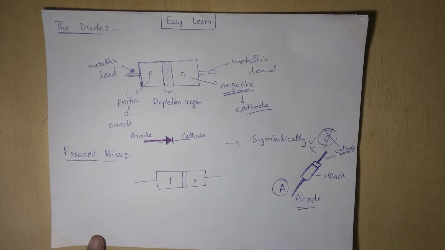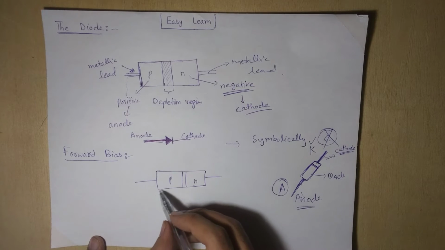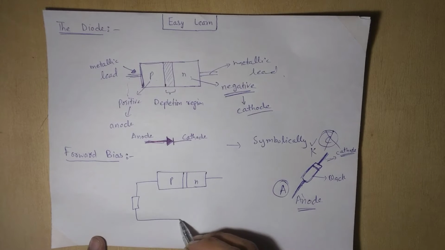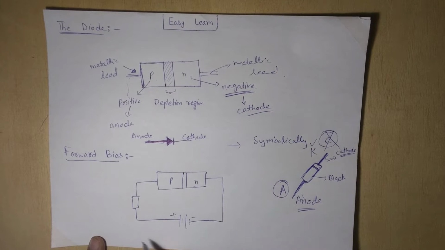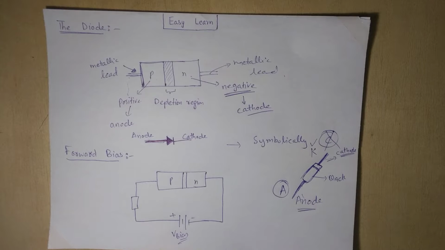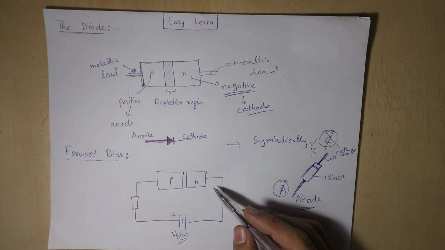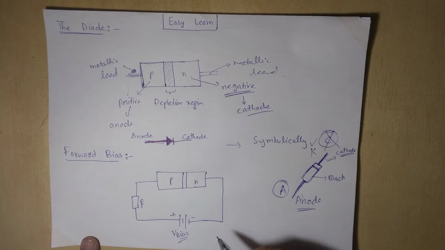For example, this is the PN junction, and there are metallic leads, and I use a resistance here. For example, I connected a battery with positive and negative terminals, a voltage source we bias with. This is a biasing voltage, connected to the metallic leads, and this is the resistance, used for limiting the voltage so as not to damage the PN junction.